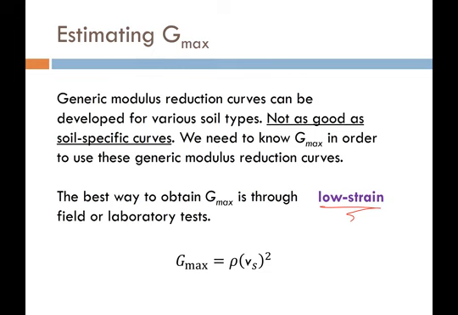Now, we don't measure modulus per se, but what we do measure is shear wave velocity of the soil. So if I can measure that through any of the tests that we've talked about, like seismic reflection, seismic refraction, MASW, SASW testing, cross hole, up hole, down hole, any of those tests that measure shear wave velocity, then I can compute G max directly.